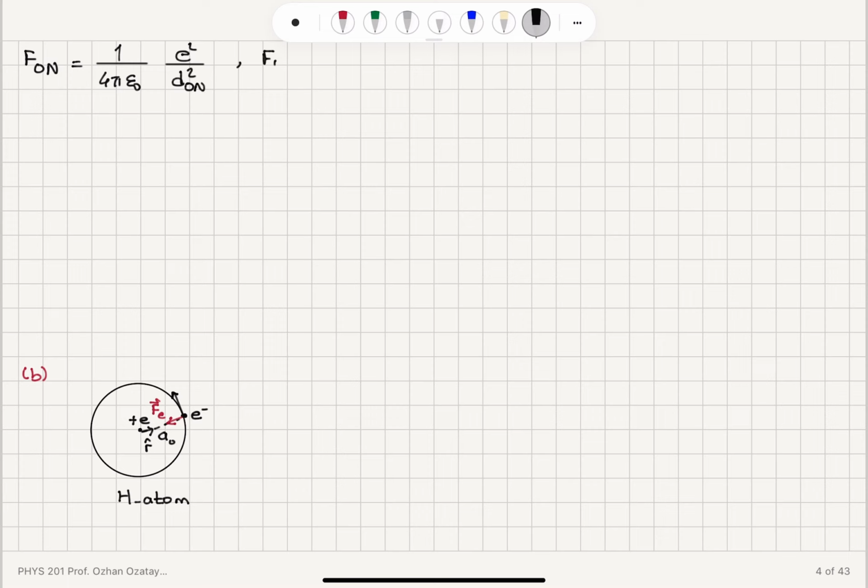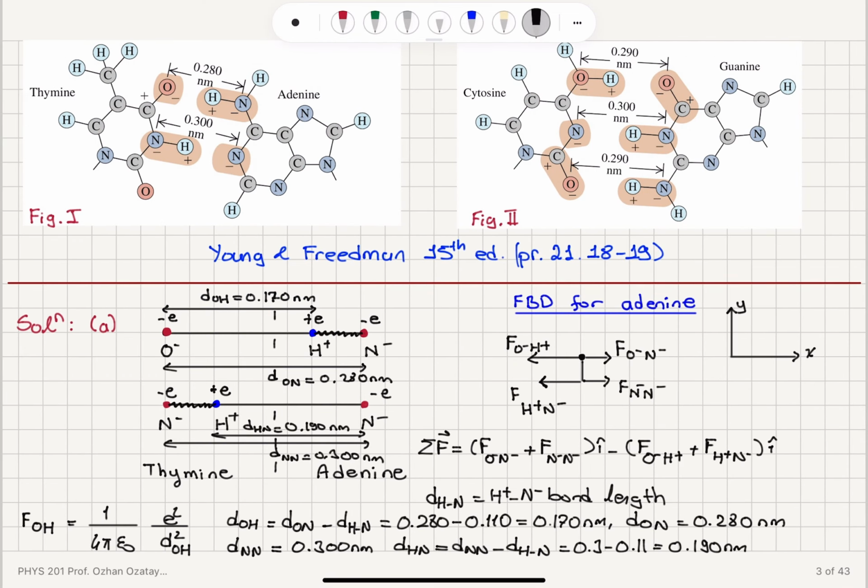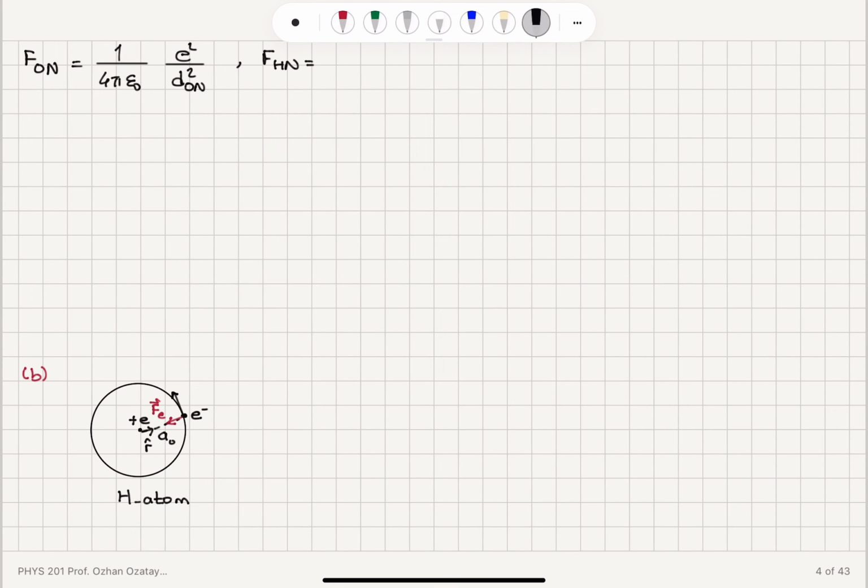The force between hydrogen and nitrogen, that is the force that develops between these two, hydrogen and nitrogen. That is 1 over 4 pi epsilon 0, Coulomb's constant, the charge squared, e squared, divided by D hydrogen nitrogen squared.